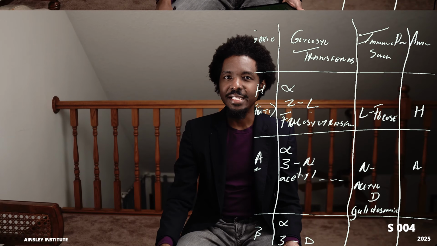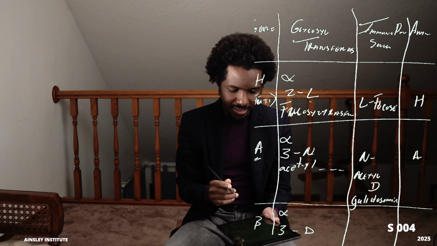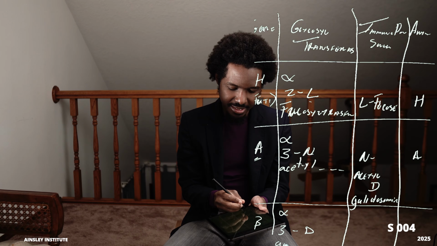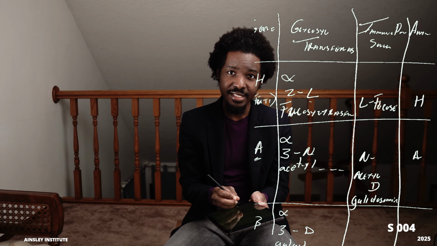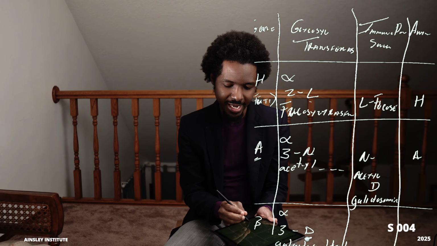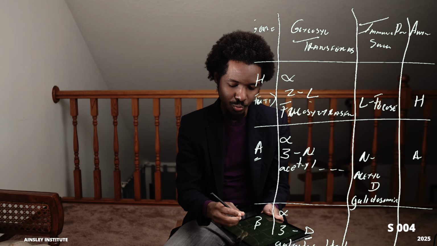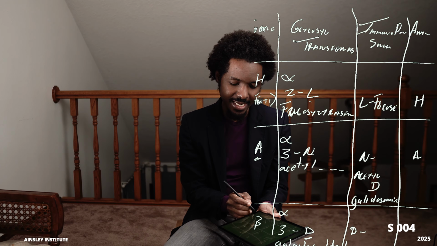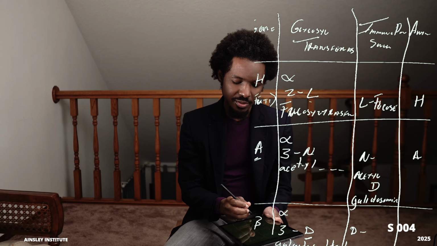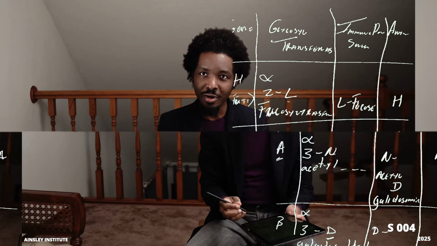And for B, it's going to be galactosyltransferase. All right, so we're going to be putting the immunodominant sugar, and remember the D, we put back that D, and it's galactosyl. Where does it come from?